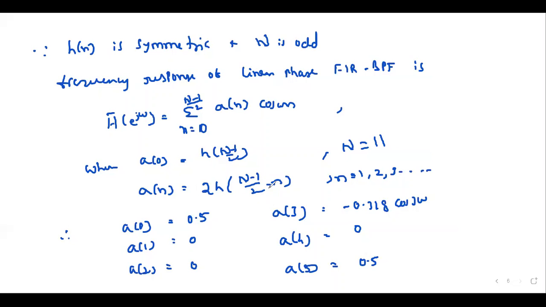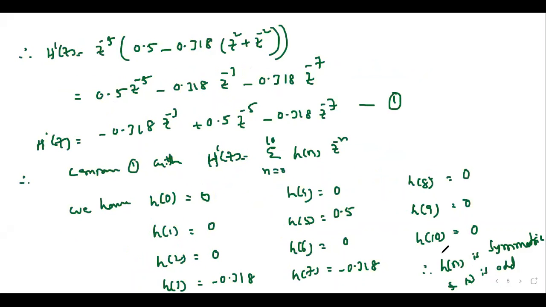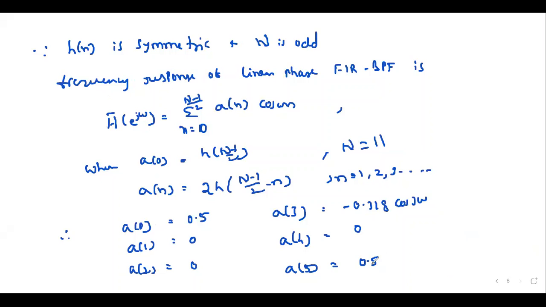A of 2 is minus 0.318, sir. A of 3, a of 4, a of 5 are 0, sir. Oh, these all are zeros.